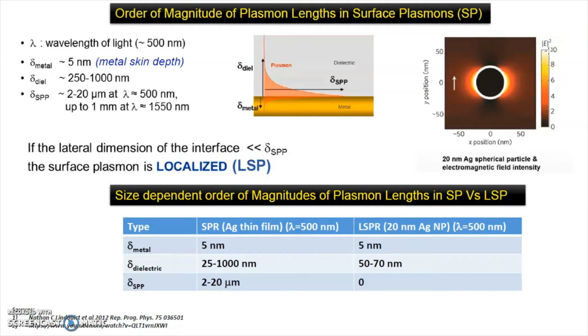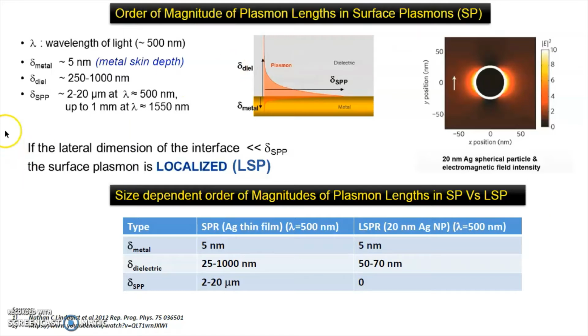White means the electric field intensity is very high, and as you go down, black is 0. So white, yellow, red, and black. On the surface, the intensity of the electric field is very strong. As you go away from the nanoparticle, its electric field intensity goes down.